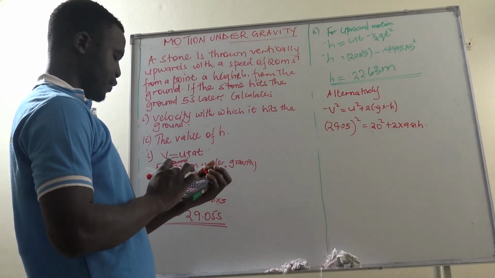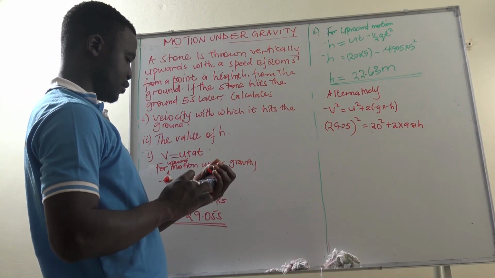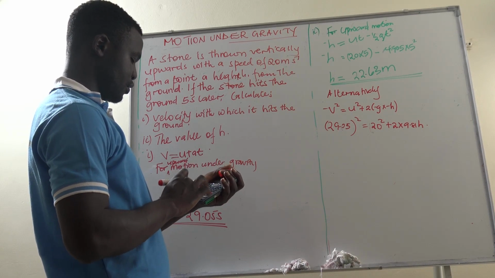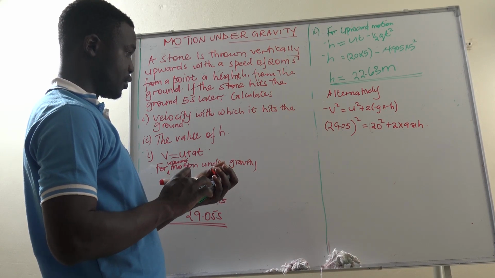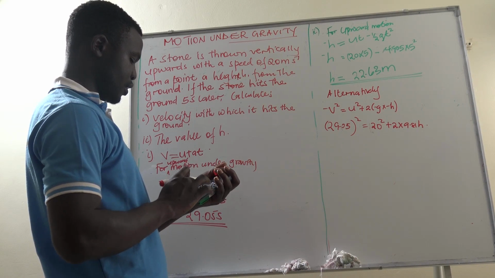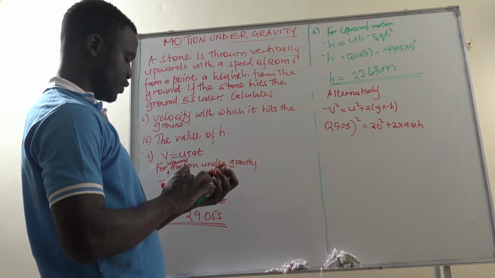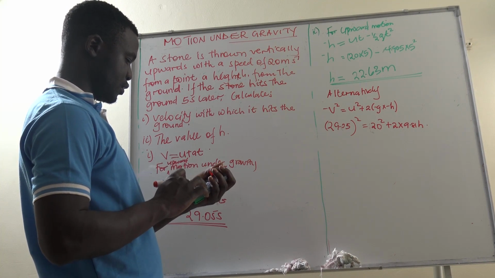Therefore h is 29.05 squared minus 20 squared, divided by 2 times 9.81.